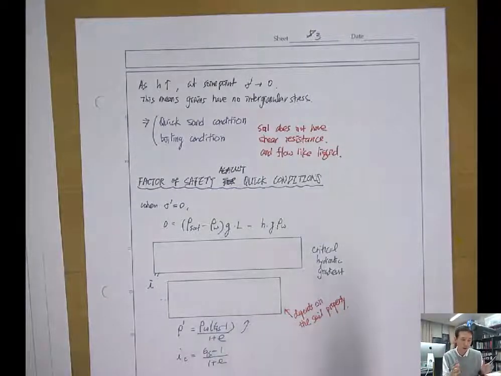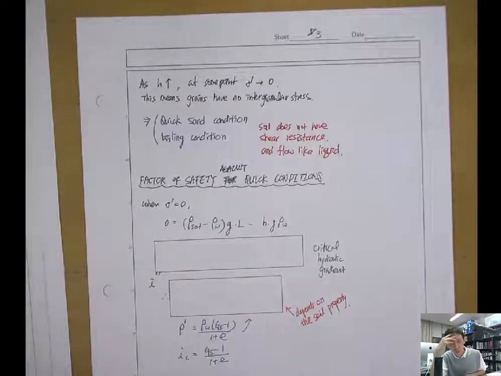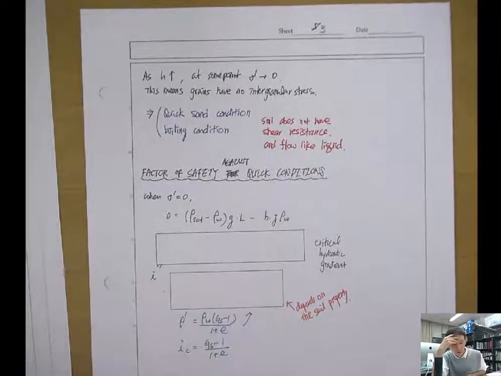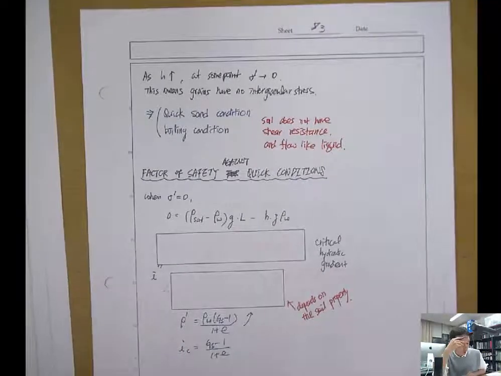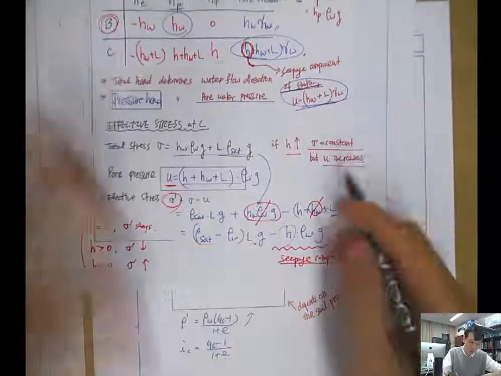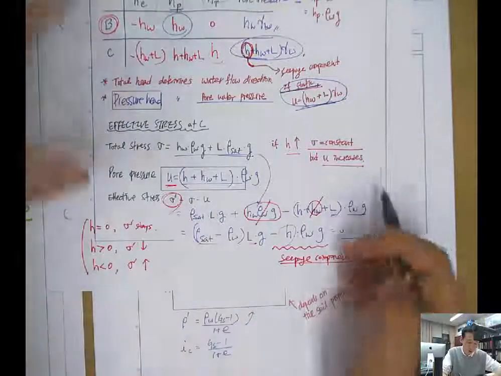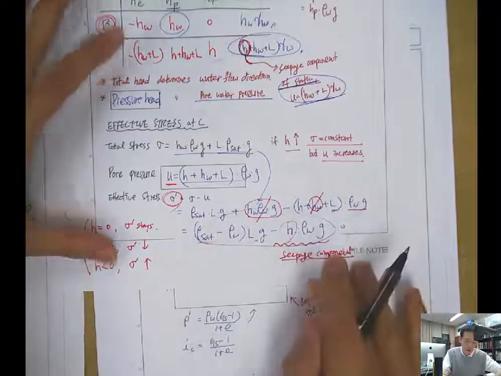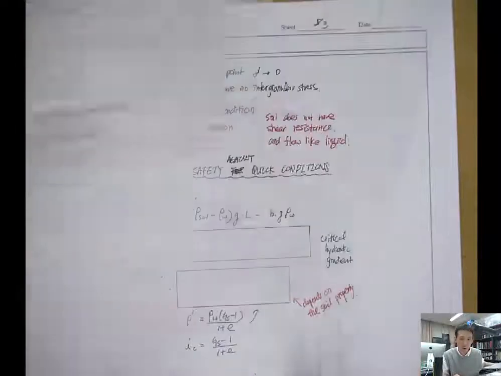And if the factor of safety is higher than 1, then the quick condition will not occur. From the previous equation, we can set the effective stress to 0, and then find the H that causes the effective stress to become 0.